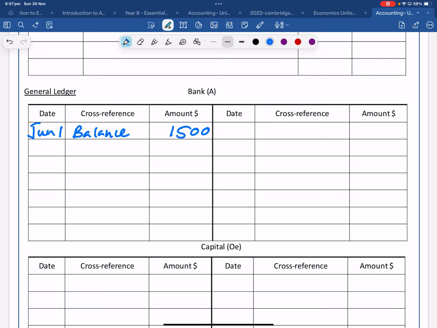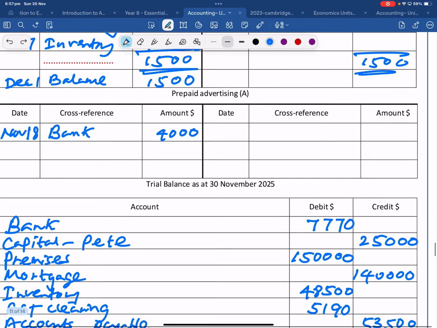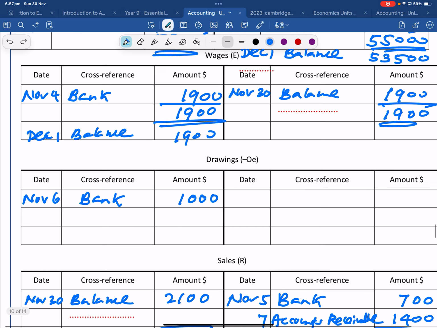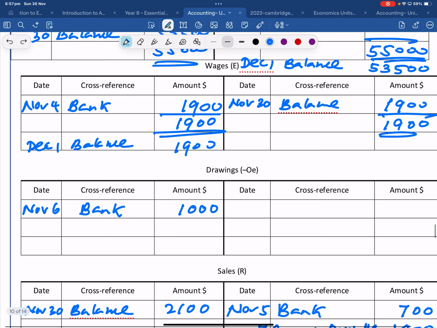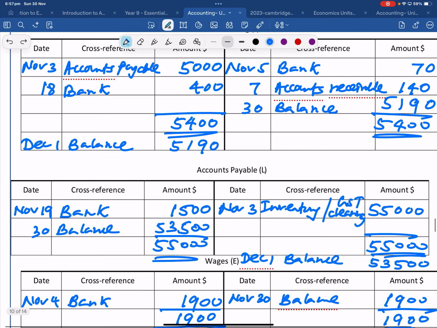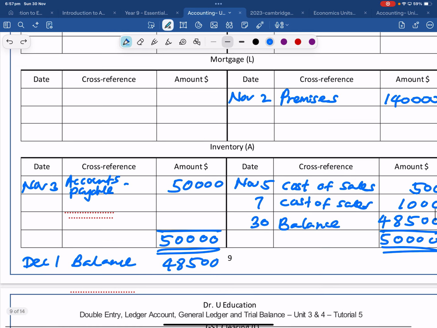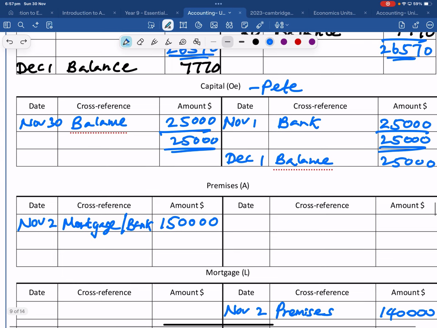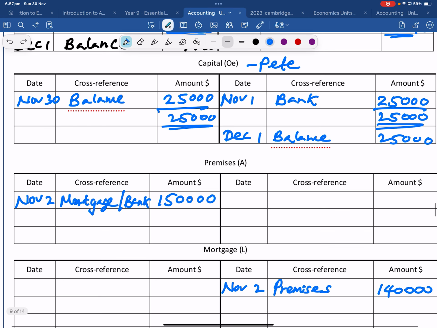We don't have, like, if I show you the previous ones, for example, yeah, now see the bank account. It's like we are starting this. See, December 1st balance. Yeah. See, the bank account, we don't have the previous thing. It's missing. Exactly like that.